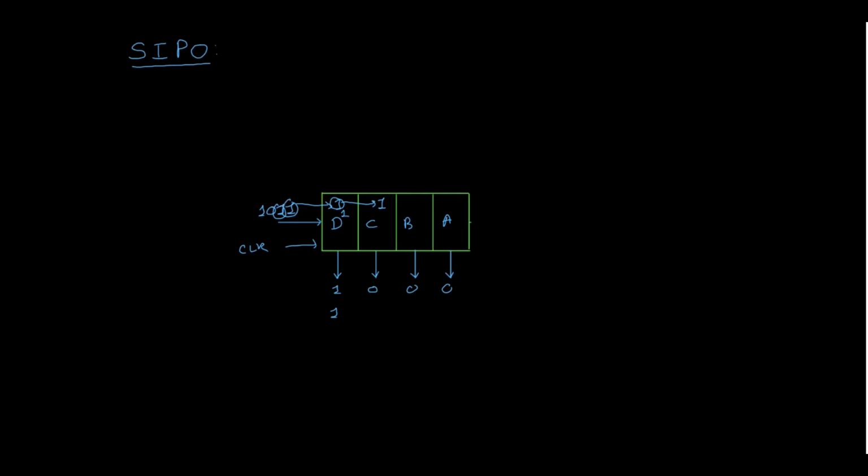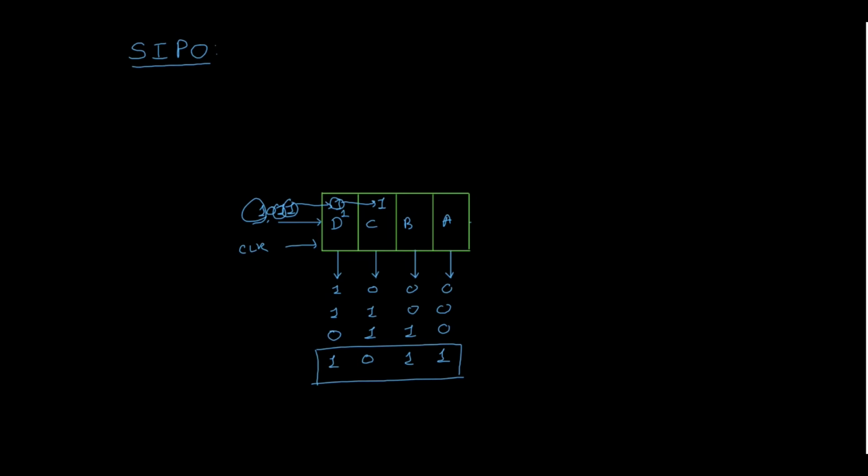So 1 will be there, 1, and here we have 0, 0. When the third clock pulse is applied, the third bit will appear here, and this one is shifted to the right side. Then when we apply the fourth clock pulse, the MSB will be transferred to QD, and we have an output. So here we see this data in parallel form.